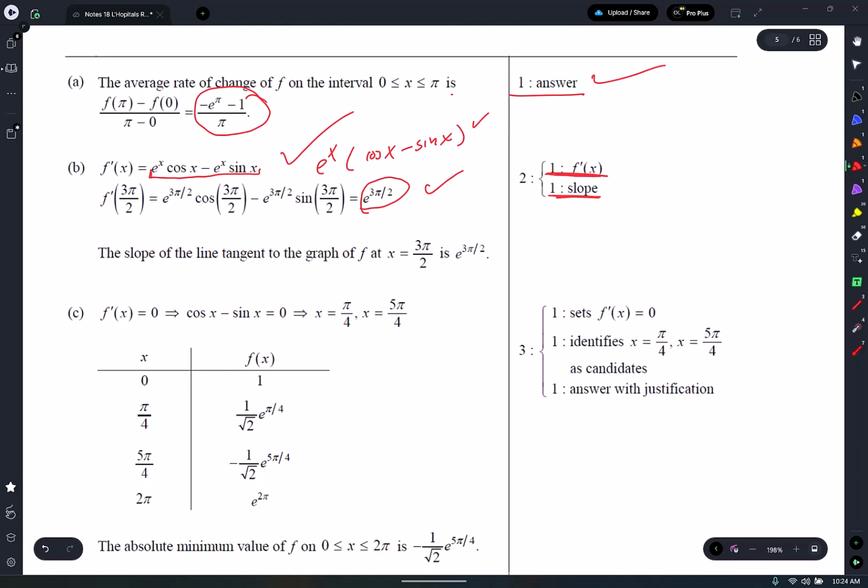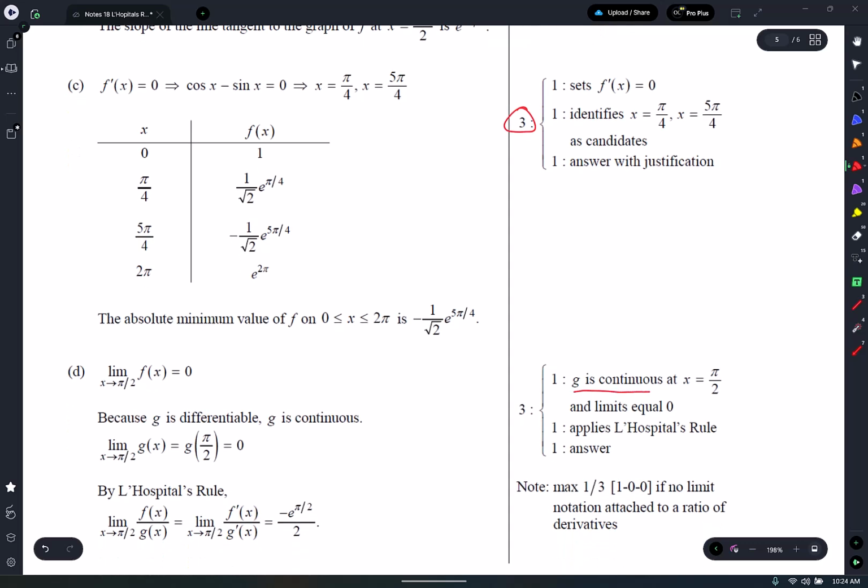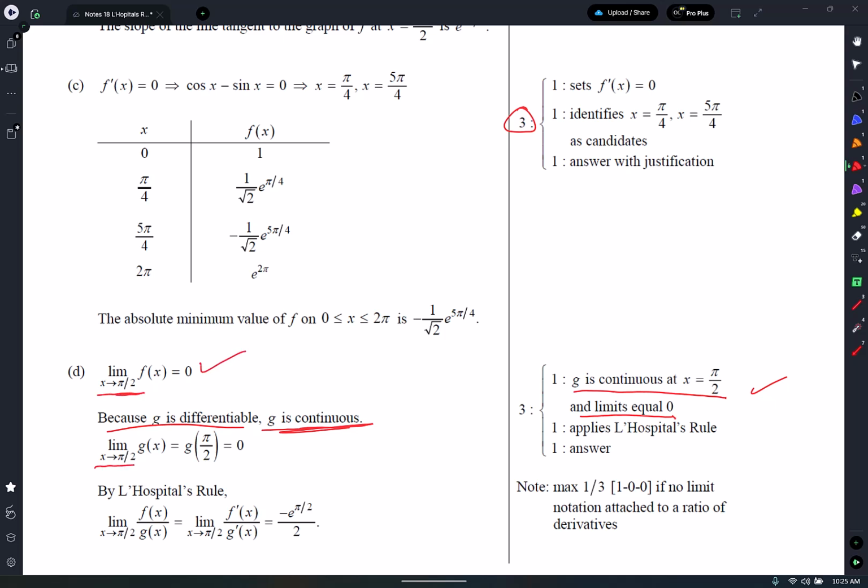Letter C we didn't do, so we missed out on 3 points. That's fine. Letter D. G is continuous at pi over 2 and the limit equals 0. Yeah, we did that. We didn't do it the way they have it, but we did it. We said because g is differentiable, g is continuous on its domain. So we got our point. And then we stated the limit as x approaches pi over 2 of f of x is 0, and the limit as x approaches pi over 2 of g of x is 0.